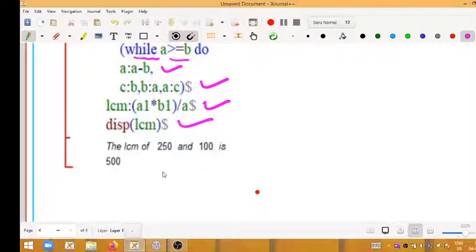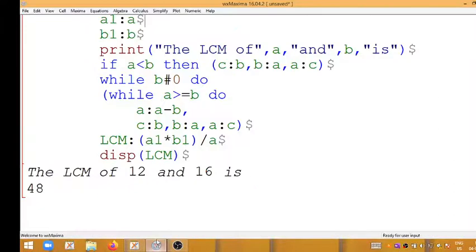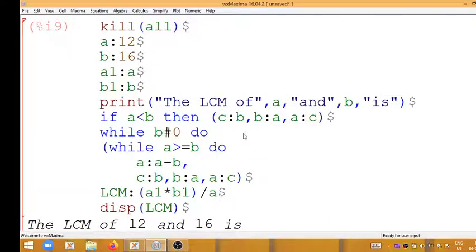Now we want to display that LCM. For the first problem, we want to find the LCM of 12 and 16.